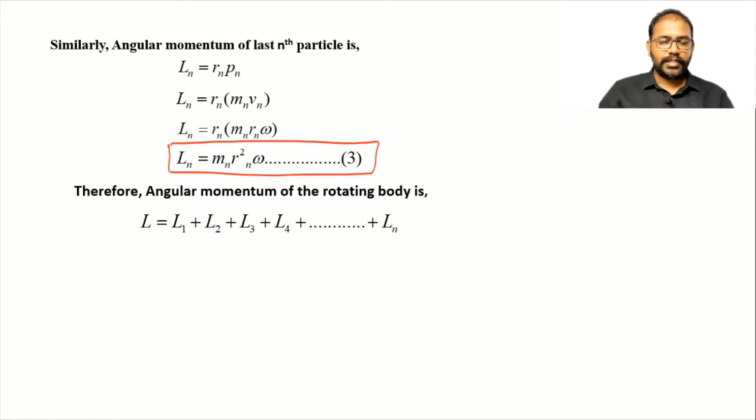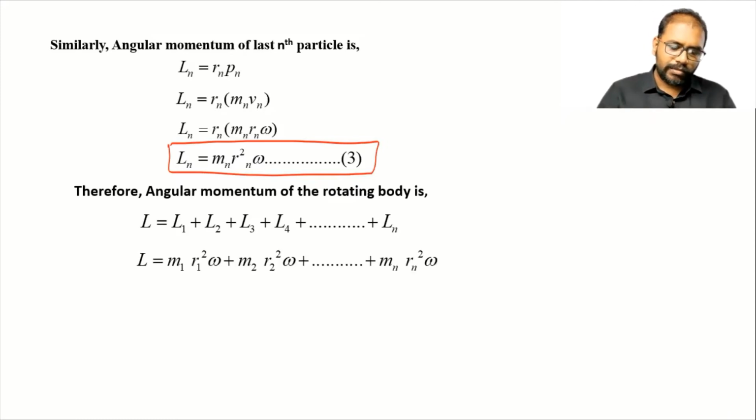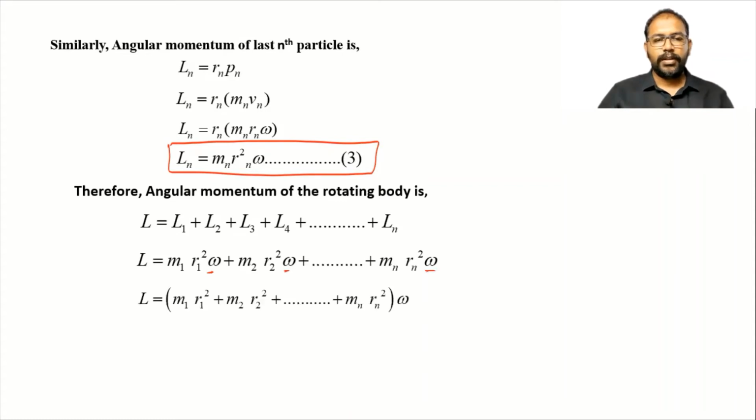Now we can find the angular momentum of the rotating body by adding all the angular momenta of the particles: L1 plus L2 plus L3 plus L4 up to Ln. Now we substitute their values, L1, L2, L3. Here, in every angular momentum the omega term is common, so we can take omega common. Except omega, whatever we get, we write in a bracket and then omega.